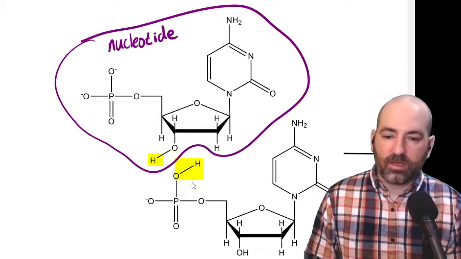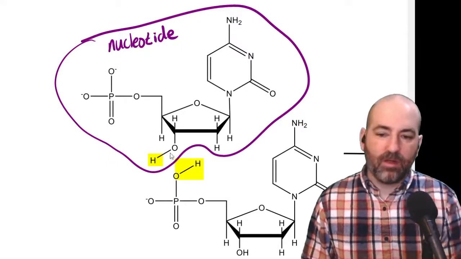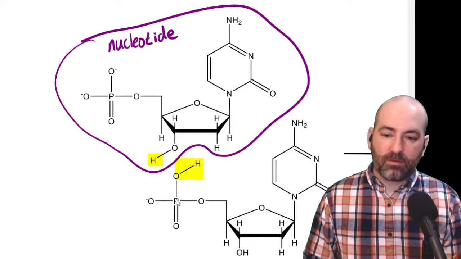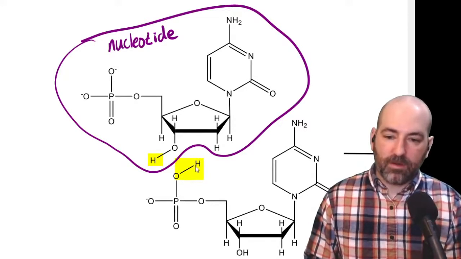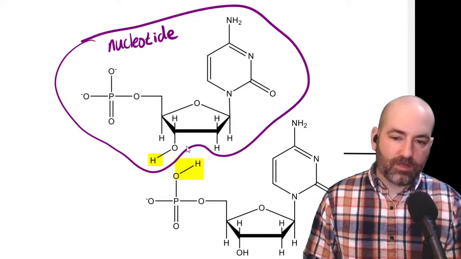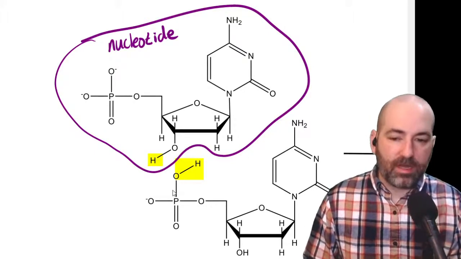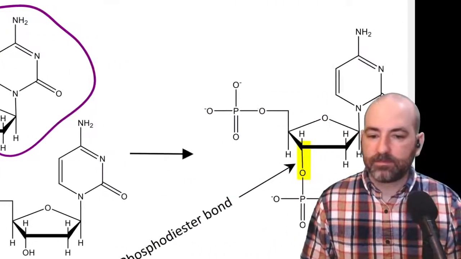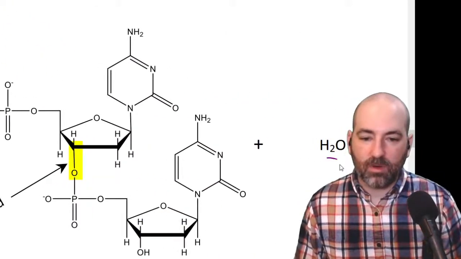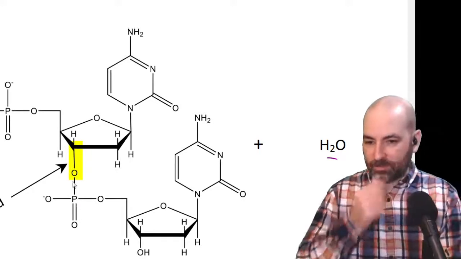So let's look at the highlighted atoms here, and you should see something pretty familiar. We have an OH from the phosphate here, and we have the H from the OH on the sugar, and those are combining to make water. And then the resulting atoms are connected together.